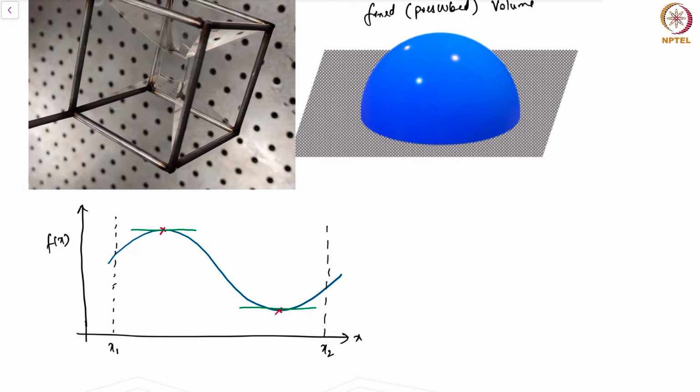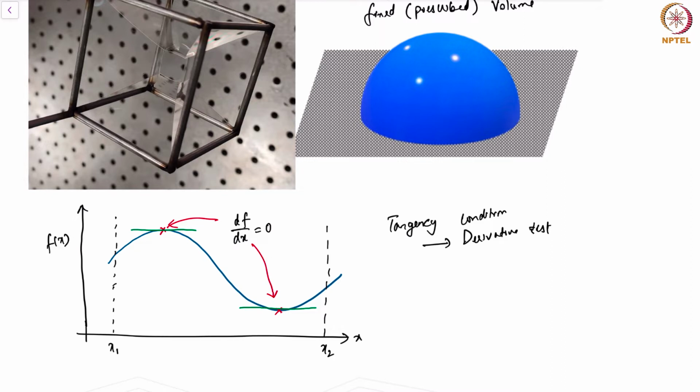Essentially this is like a derivative test. Since it's a function of a single variable, I can just say df by dx is 0 at both these points.